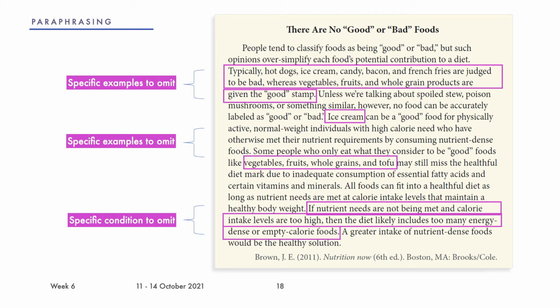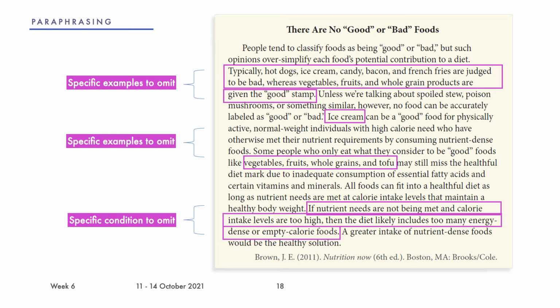And one more thing that I would like to take out would be a sentence before the concluding sentence. We have a condition starting with if. If nutrient needs are not being met, the diet likely includes too many energy dense or empty calorie foods. So this sentence only gives one of the conditions of an unbalanced diet, for example.